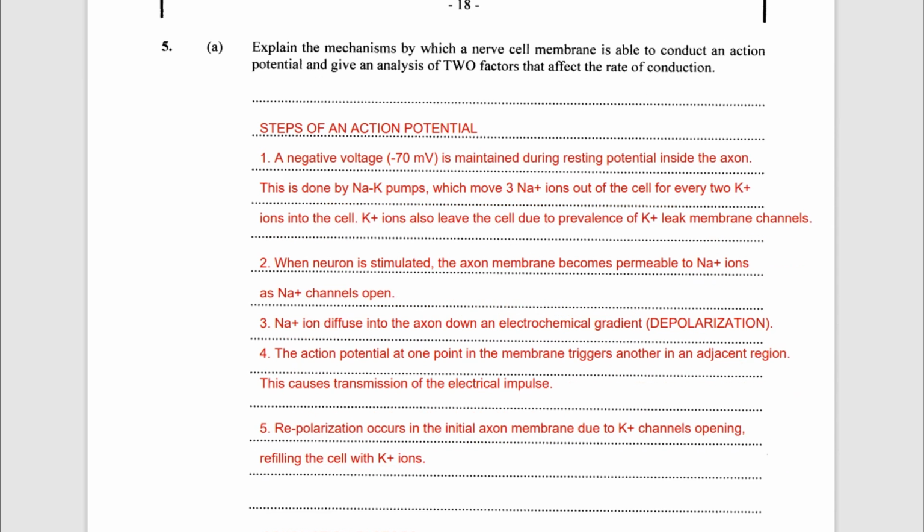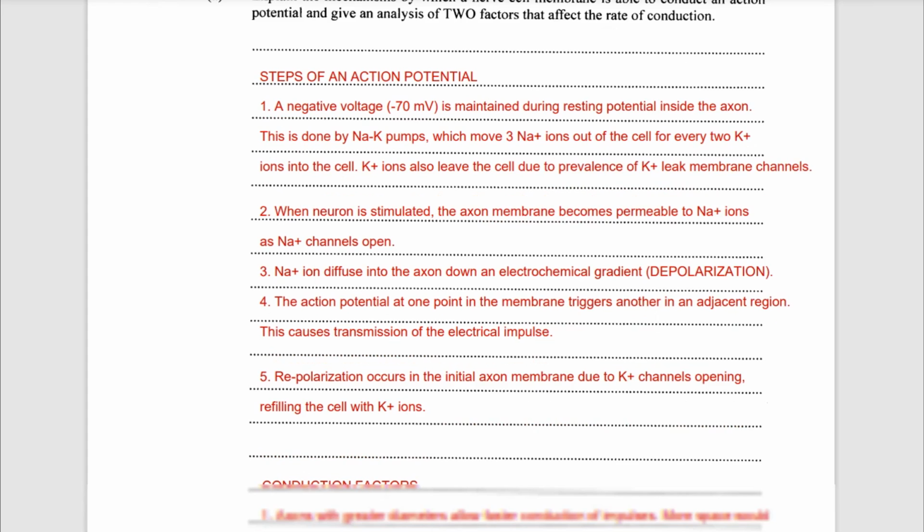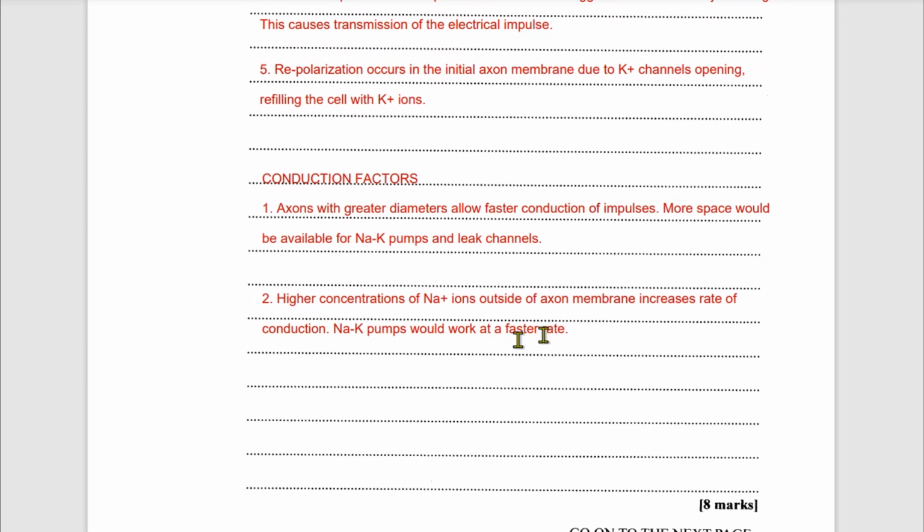The next part of the question is to give an analysis of two factors that affect the rate of conduction. Those two factors are what you see in here: the diameter of the axon and the concentration of sodium ions outside of the axon. Axons with greater diameters allow faster conduction of impulses.